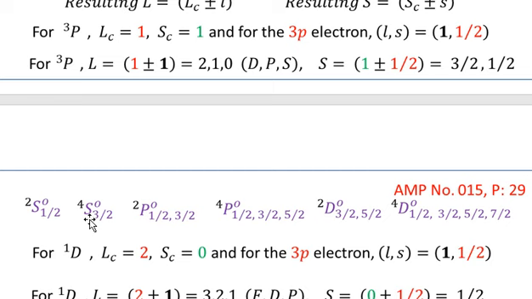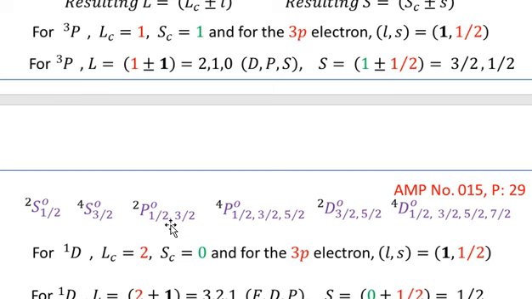You see that there are two types of terms: doublet and quartet terms in the S symbol, similarly doublet and quartet terms in the P symbol, and similarly doublet and quartet terms in the D term symbols. And you see that I have also written the total quantum number J of the atom with each term.